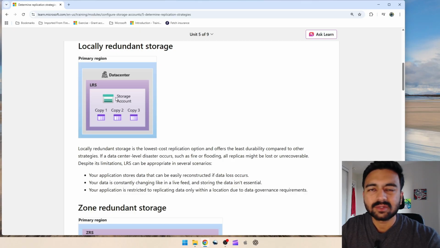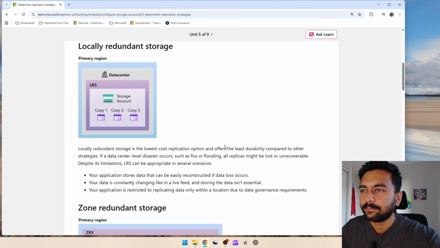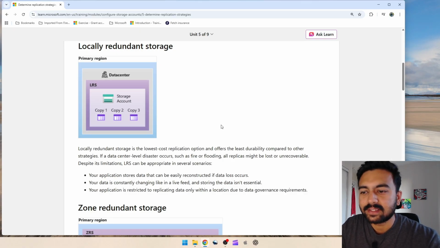If this is all you need, then that's all you need to opt in for. If a data center level disaster occurs, such as fire or flooding, replicas might be lost or unrecoverable. Since it's saved in one data center, if a bigger disaster happens, you can lose all copies of your data.